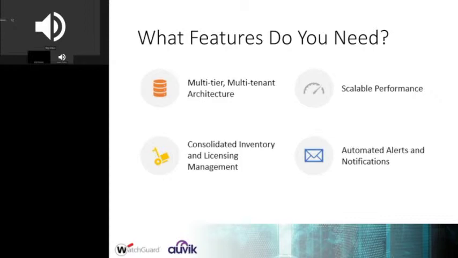You want to have consolidated inventory and licensing management. So we know that service providers tend to have a lot of customers, right? So the sweet spot that we find is usually 50 customers to 250 tends to be the common range we run into, but we definitely see more and more service providers going beyond that 200 to 250 range.